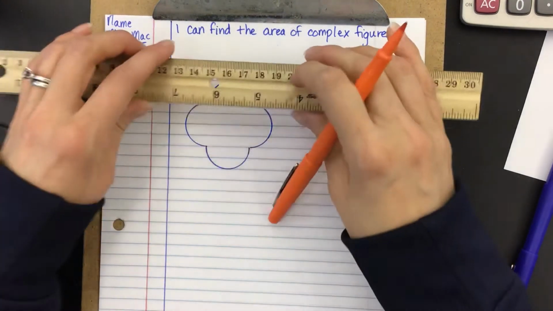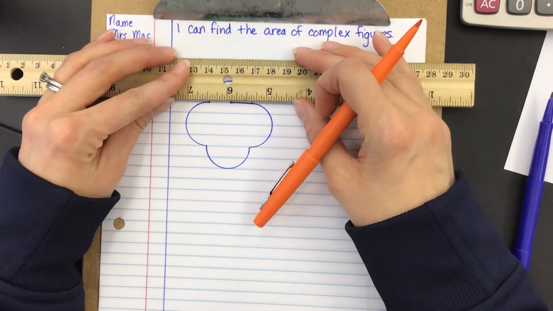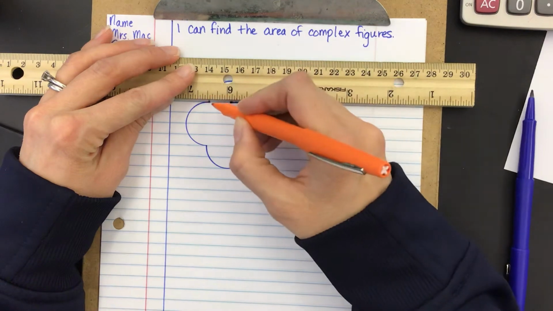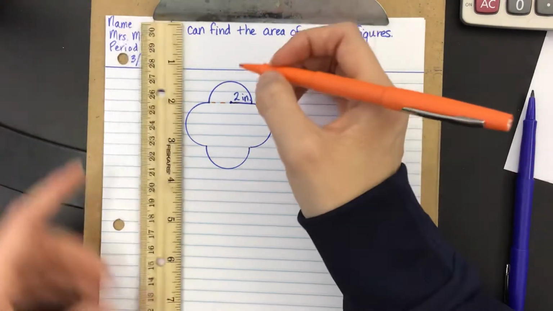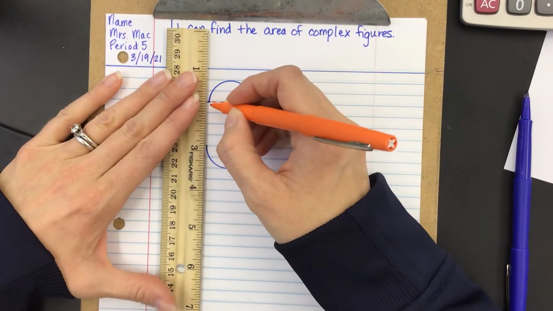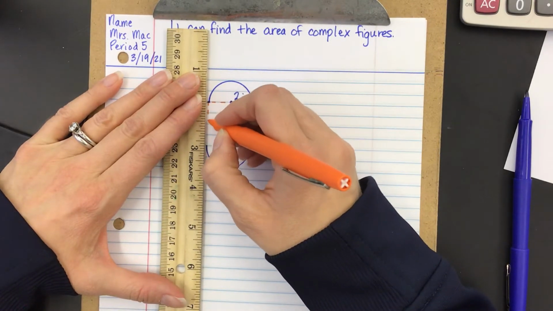Yeah, okay, so let me do what you just suggested here. Shinobu's noticing that it seems like there's a square on the inside and then half circles around the edge. So I'm going to draw in that square.